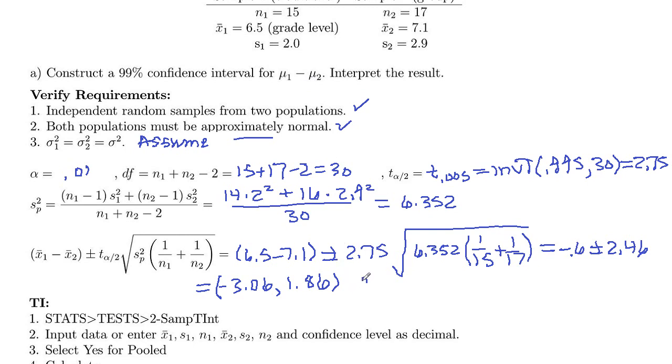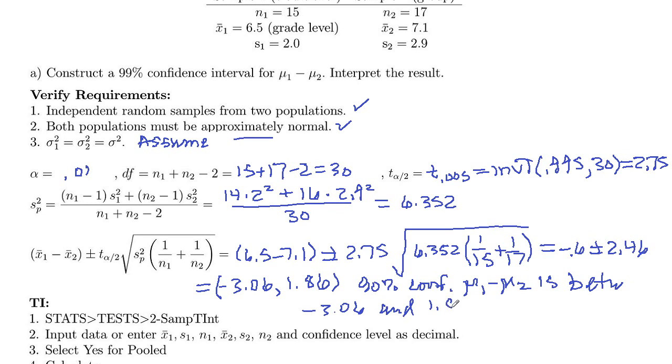And the interpretation here is we are 99% confident that the true mean difference, mean 1 minus mean 2, is between the negative 3.06 and the 1.86. So that means if we took 100 pairs of samples and computed the confidence intervals, that 99 of those intervals would contain the true population mean.